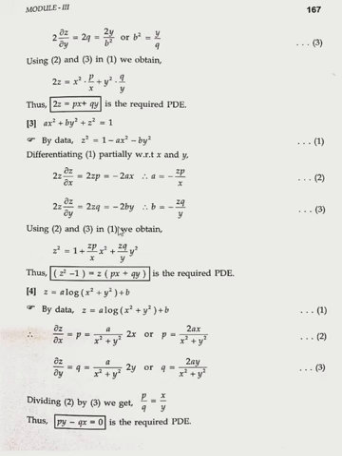Minus of minus is plus. Simplify this. Therefore z square minus 1 is equal to, in these two terms z is constant, take it outside, one term of x cancels, p into x, plus one term of y cancels, z is common, only q into y. This is the required PDE.